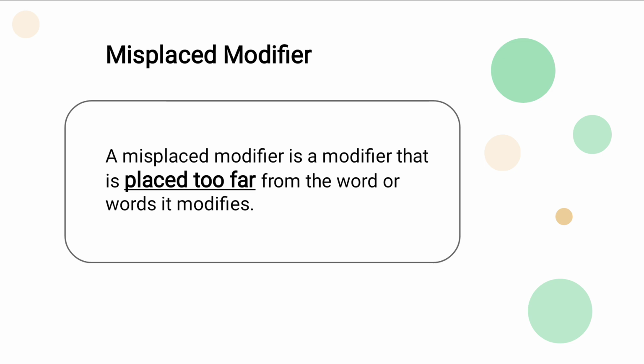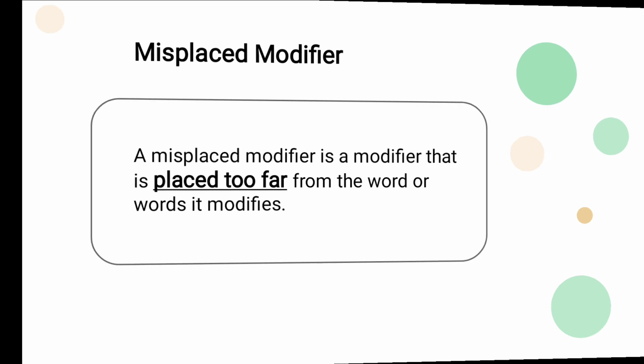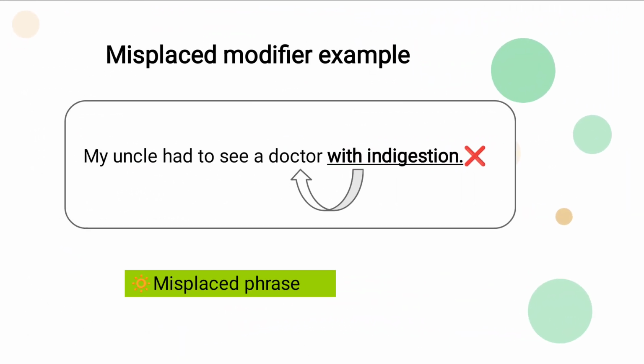Now we are going to see how a misplaced modifier makes a problem. Like this: my uncle had to see a doctor with indigestion. In this sentence, we have a modifier, with indigestion. That's a misplaced modifier.